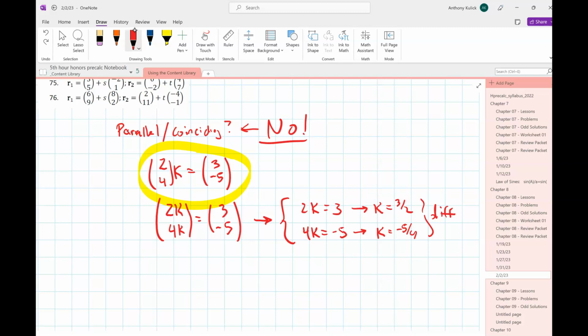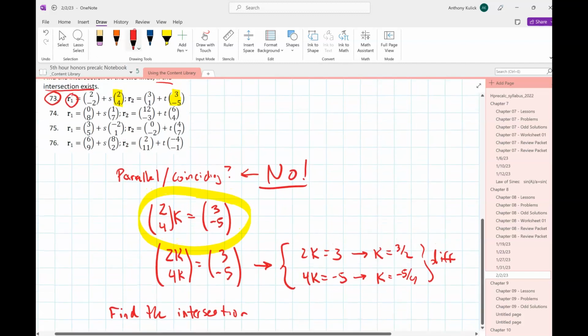Okay. So to find the intersection then, what we're going to do is set R1 equal to R2.